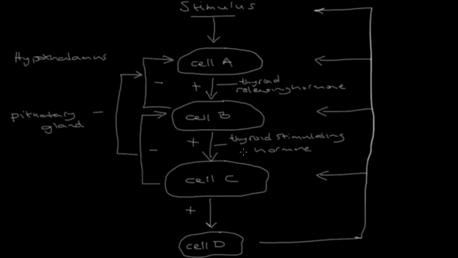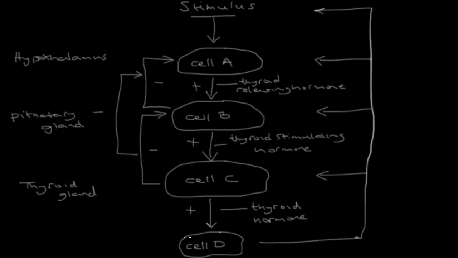And this will then act on cell C, and in this case cell C is the thyroid gland, which will then secrete a thyroid hormone. So the thyroid gland then secretes thyroid hormone, which acts on cell D.